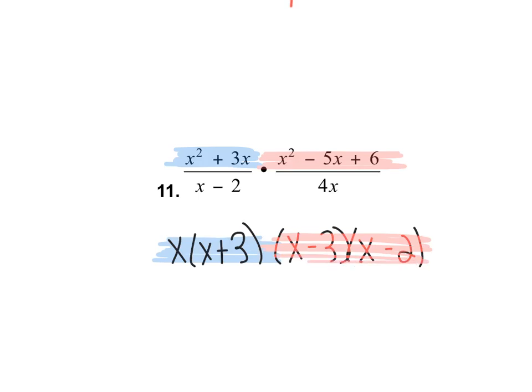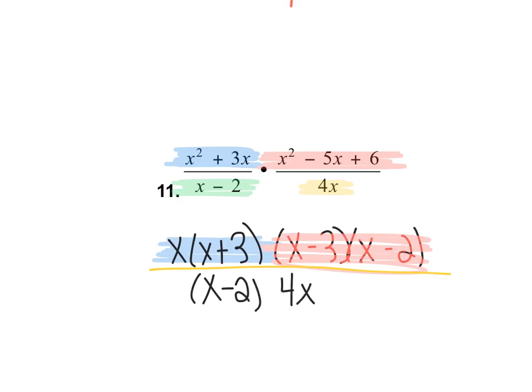Kind of color coded here just a little bit. And then we have the x minus 2 that's just going to come down, and the 4x that's just going to follow itself down. So we have x minus 2 and 4x.